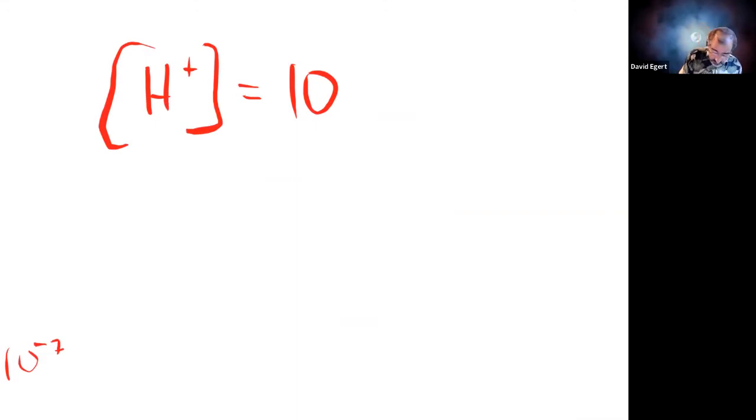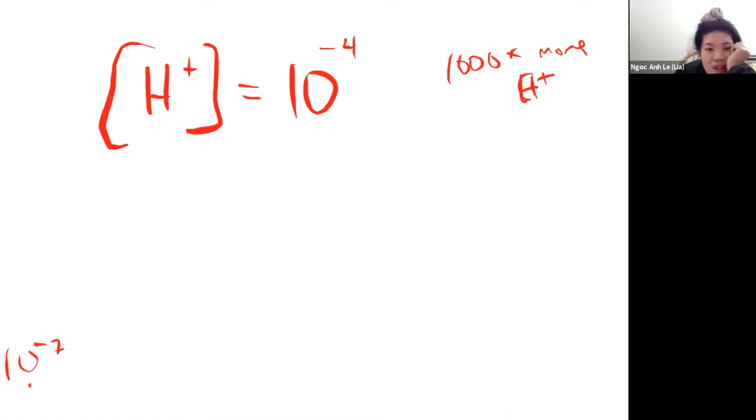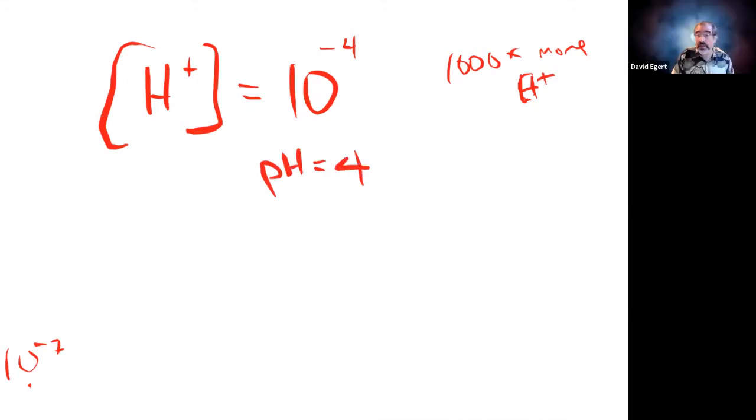I'm going to go 10 to the minus 4. This is 1,000 times higher than 10 to the minus 7. What's the pH of this? This is 1,000 times more H pluses. What's the pH here? 4. Yeah, pH is going to be 4.